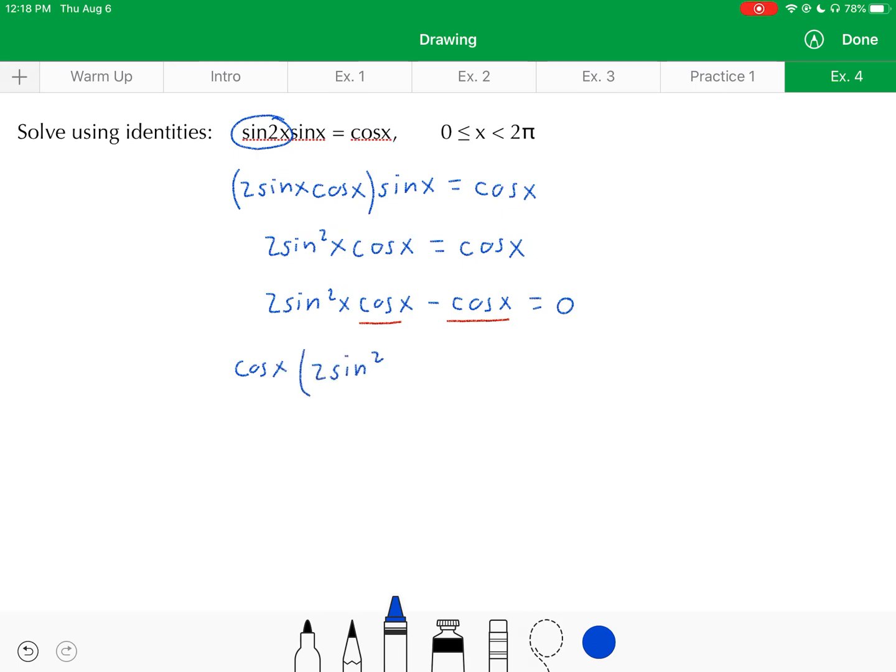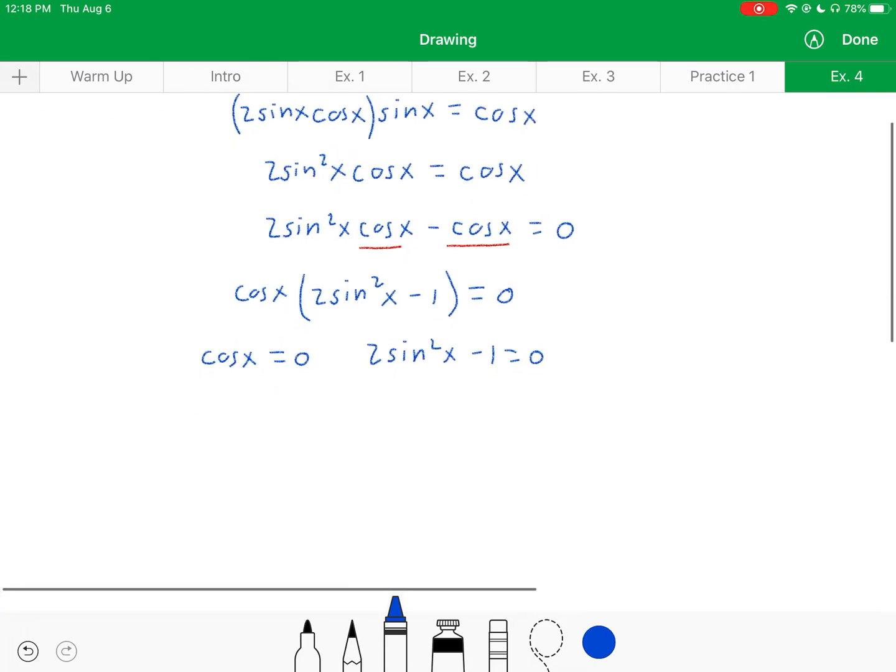If I pull that out, that's going to leave me with cosine of x times 2 sine squared x minus 1 equals 0. And now I can set each of those factors separately equal to 0.